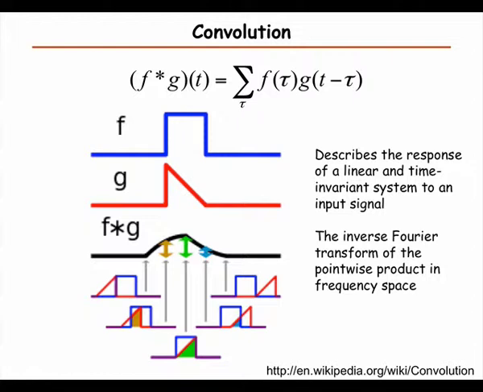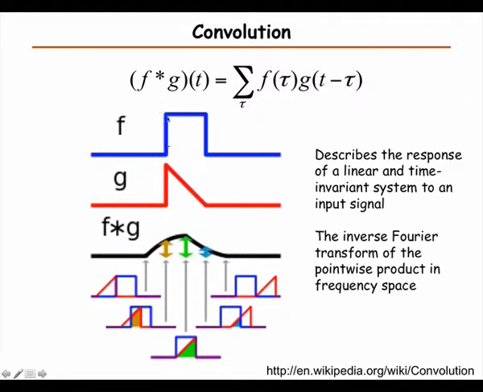We're going to look at another way to do the filtering, which is convolution. This Wikipedia entry here describes it pretty well. Let's say that we have a function f, and we want to convolve it with g.